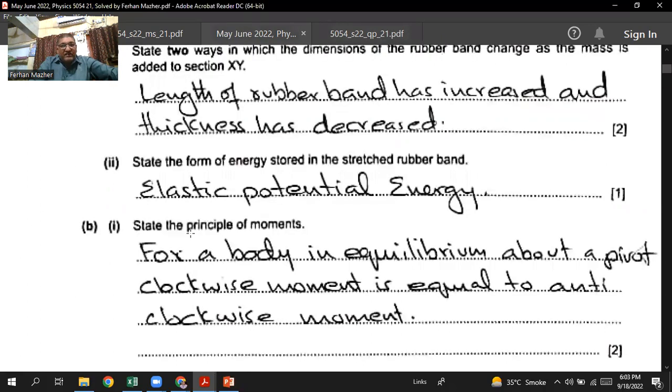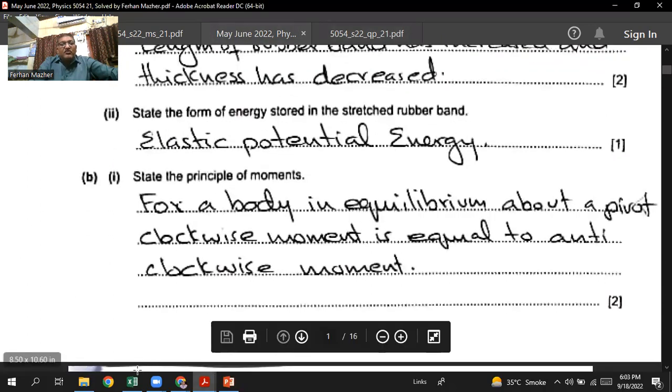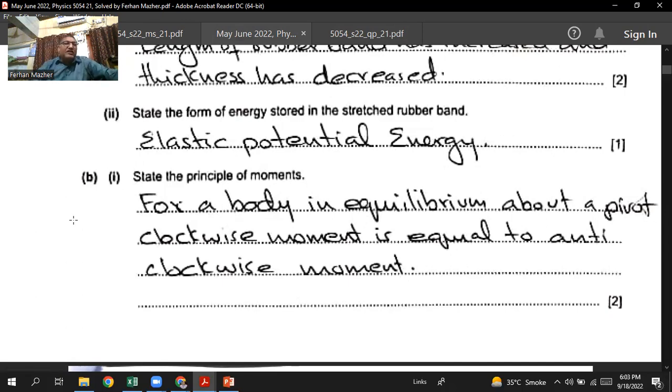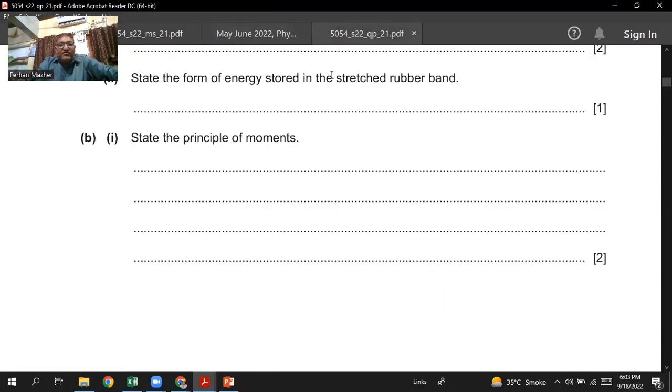So 2 marks question. Let me show you my written answer. It says, for a body in equilibrium about a pivot, clockwise moment is equal to anti-clockwise moment. 2 marks question. Simple and straightforward.